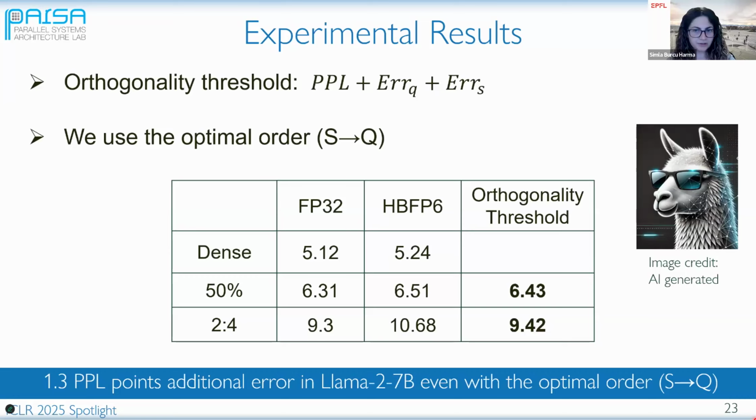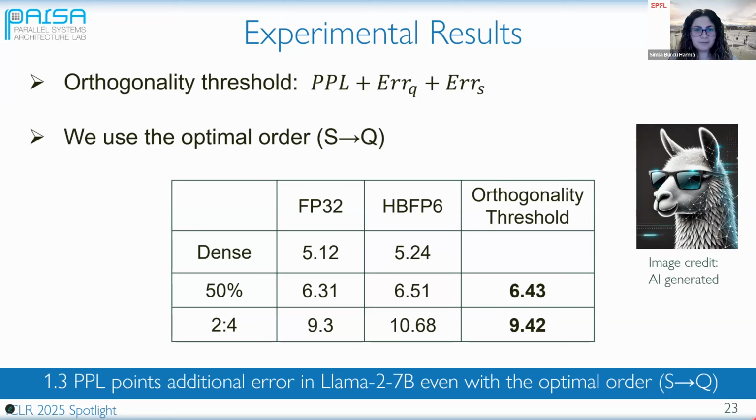To show the non-orthogonality empirically, we define an orthogonality threshold, which is the sum of the perplexity of the dense and full precision model, shown as PPL here, and the individual sparsity and quantization errors in terms of perplexity.